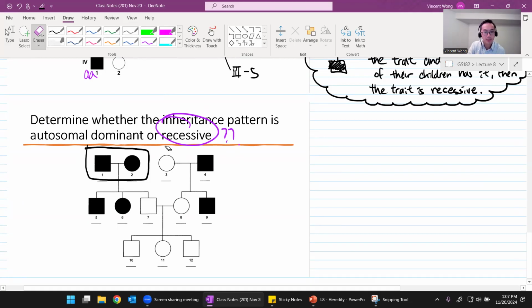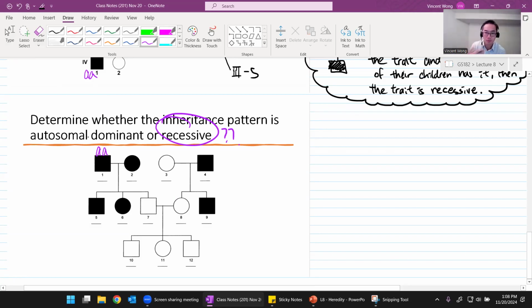If the trait we're looking at is recessive, then what's the genotype for this guy? What's the genotype of this person if it is recessive? Yeah, it's little a, right?